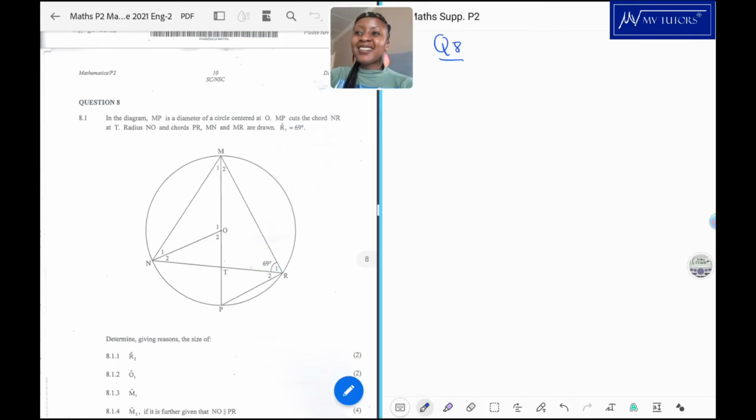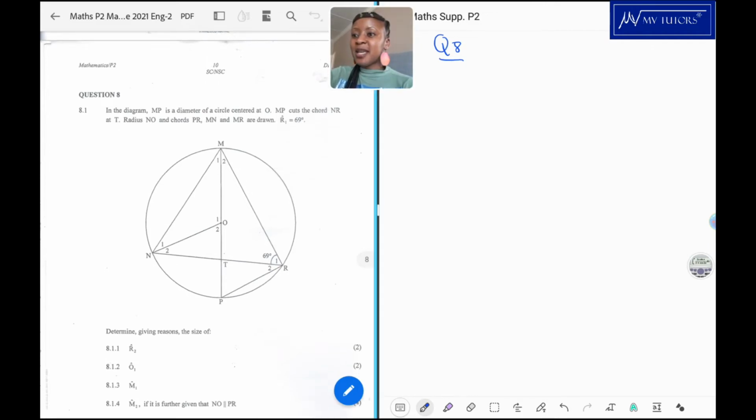And then R1 is 69 degrees. So what the question says, determine, giving reasons, the size of R2, O1, M1, M2. So I'm just going to note those ones.